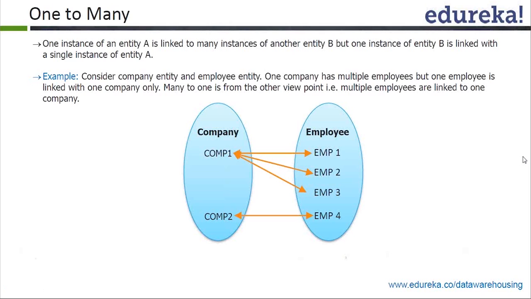So this type of relationship where one instance of an entity A is linked to many instances of another entity B, but one instance of entity B is linked with a single instance of entity A, is called one-to-many relationship. So in this case, there is a one-to-many relationship from company to employee. So that is one-to-many relationship.